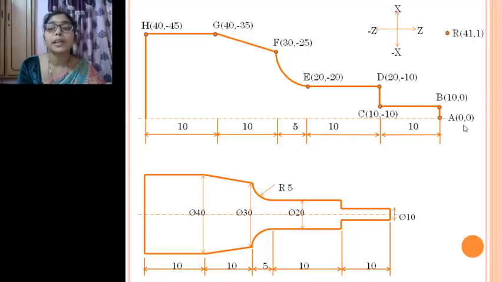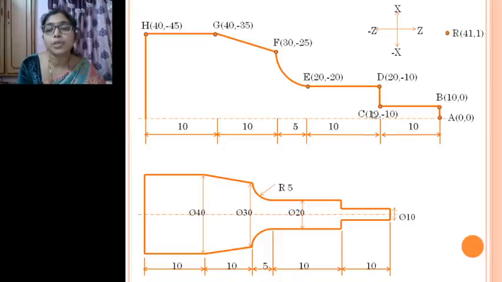Now if you take the same thing and define B point with respect to A, it is 10, 0 in an incremental mode. Now see how it will be in an incremental mode. From B, how much is changing?